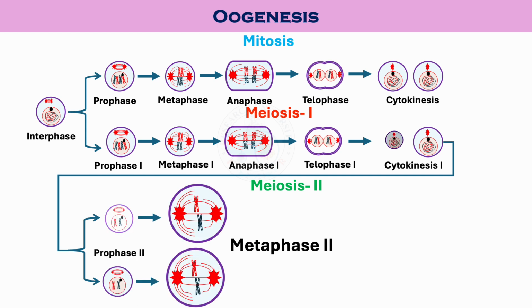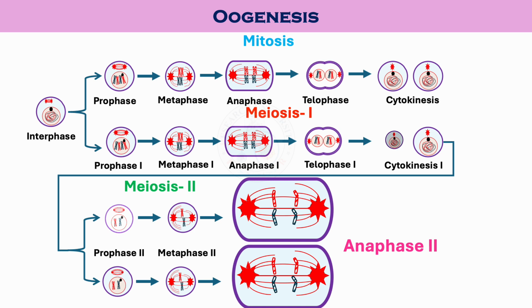During metaphase 2, chromosomes, each composed of two sister chromatids, align along the metaphase plate, similar to metaphase in mitosis. Spindle fibers from the centrosomes attach to the centromeres of each sister chromatid, ensuring that they will be pulled to opposite poles during anaphase 2.